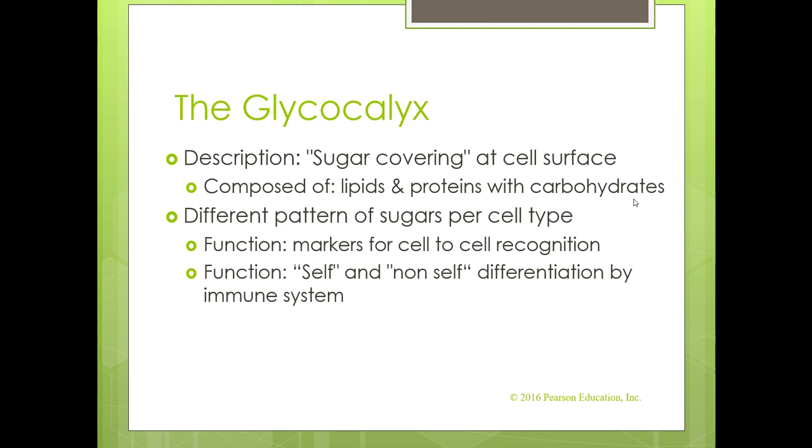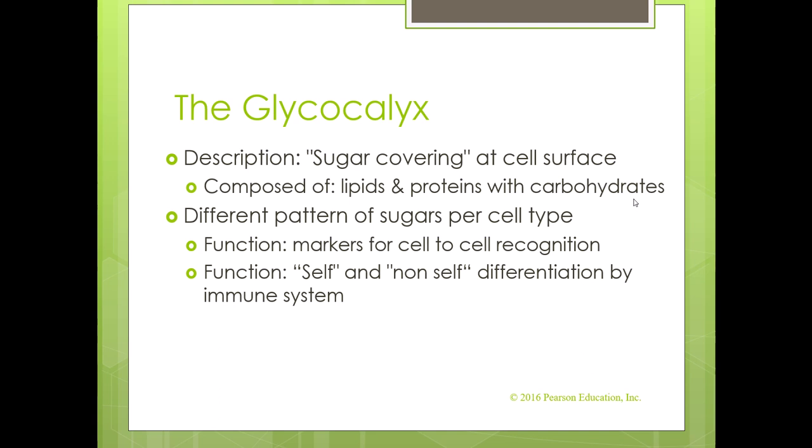If you've ever heard of people taking immune suppressants to prevent organ rejection when they have organ transplants, that's that glycocalyx pattern coming into play. The glycocalyx pattern of the donated organ, even though it's, say, the liver, right?